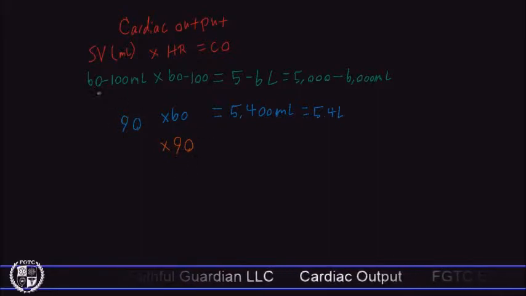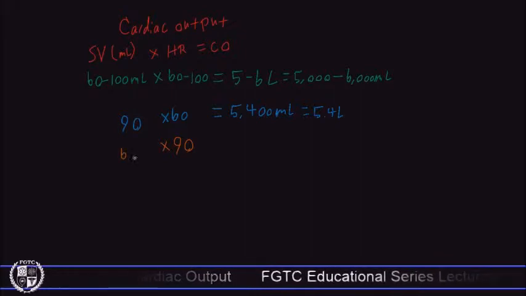But their stroke volume may actually be lower because their heart may not be as healthy, so it's not able to work as well, and their heart rate is going to compensate for that.